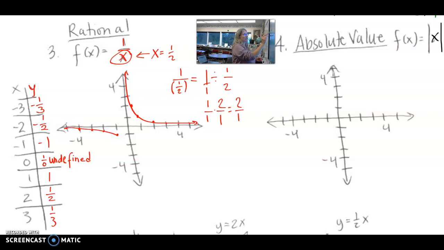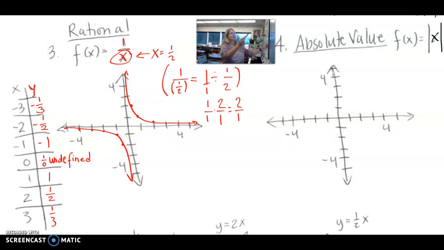And then again, if we put in a negative 1/2, it's going to be this same process, but with a negative, so it ends up being -2. So when x is negative 1/2, I'm down here at -2. When x is negative 1/3, we're going to have -3. And so it's going to head off this way towards negative infinity, actually.